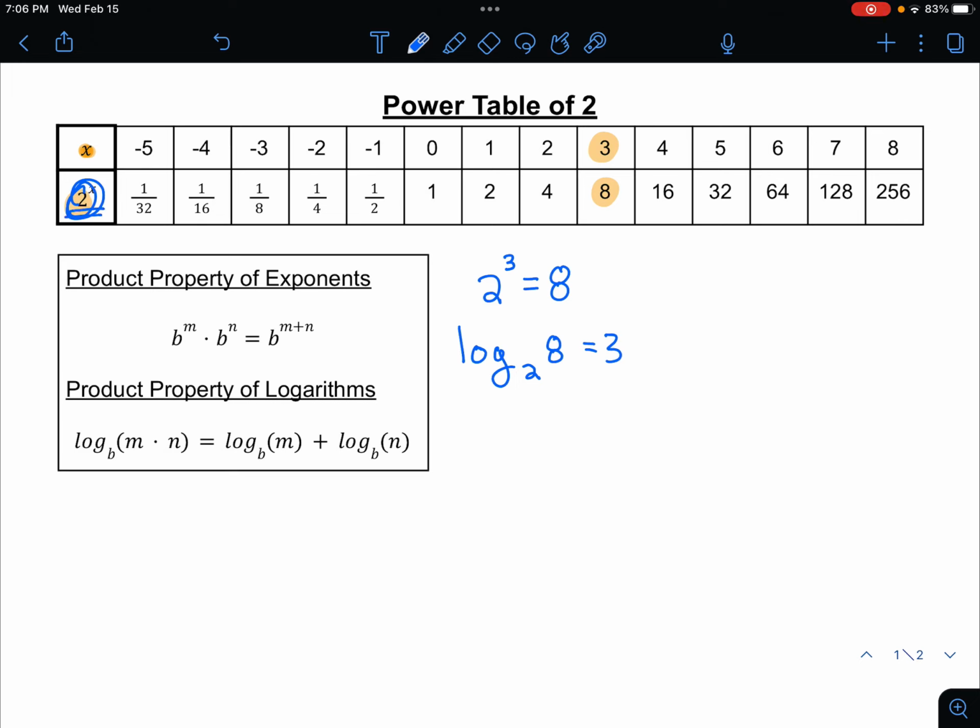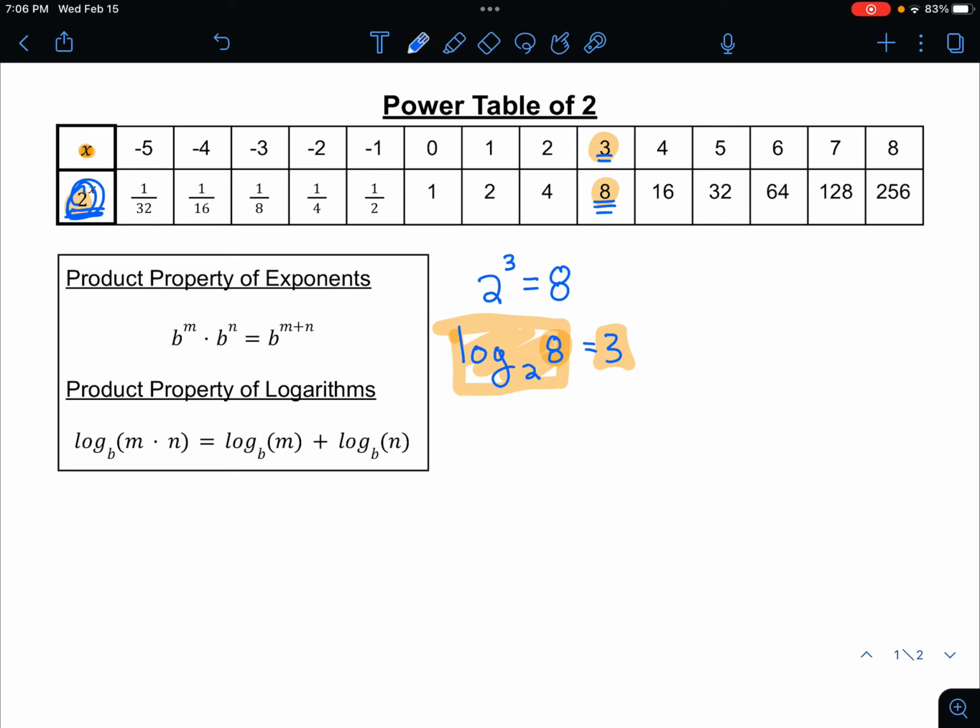That just tells us what power we need to raise 2 to get 8, and the answer is 3. So this literally tells us what power we need to raise 2 to get that argument.